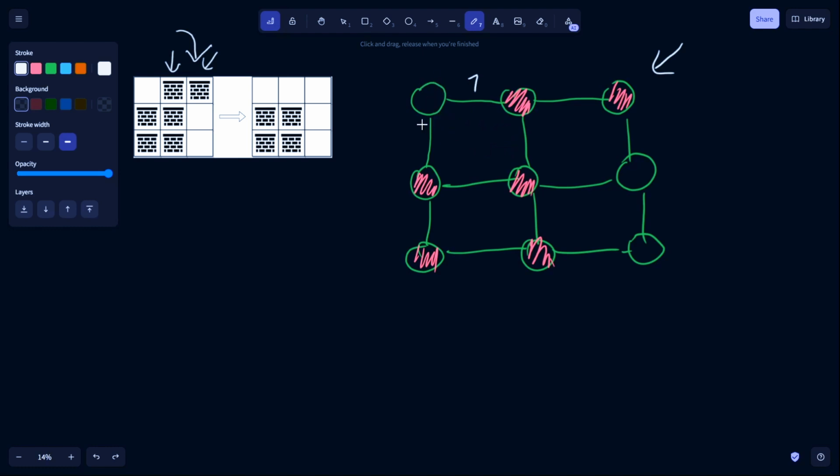Then if we follow this one, there is actually another obstacle. So that's a cost of 1. So to reach here, we have a cost of 1, and to reach here, we have a cost of 1 by following these two edges. So let's go back up. We have a cost of 1 here, a cost of 1 here. Here we start at this one, so the cost is 0.